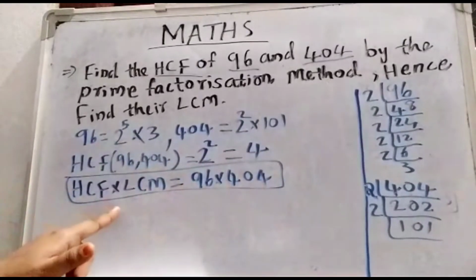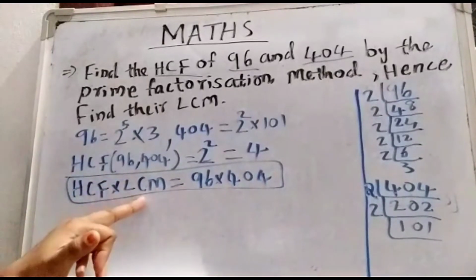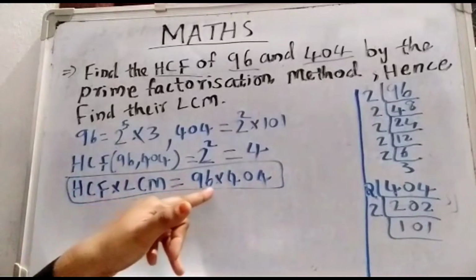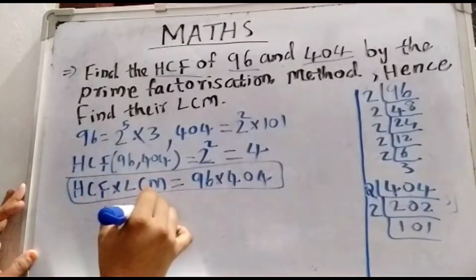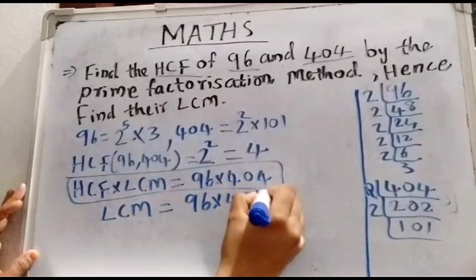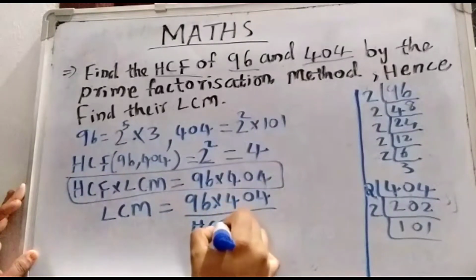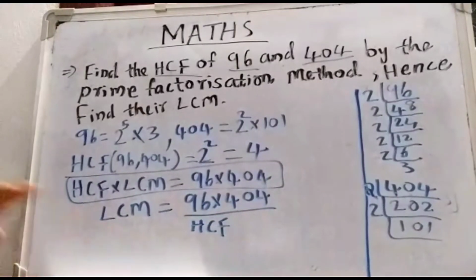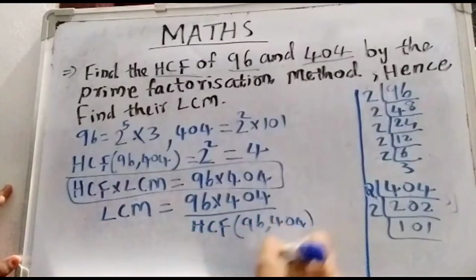Using this result, we can find LCM very easily. How? Here LCM is equal to 96 into 404 by HCF. So LCM is equal to 96 into 404 divided by HCF of 96 and 404.